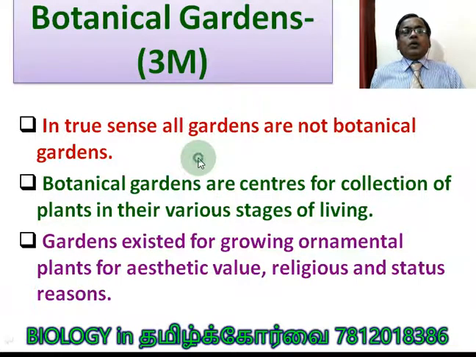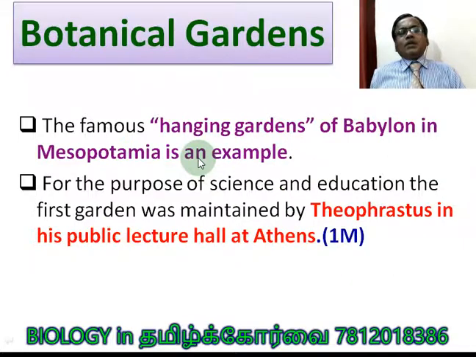So the famous Hanging Gardens of Babylon in Mesopotamia is an example. That is one of the gardens, but that is not a botanical garden. That may be a status garden. Only the king and his family can go and visit and observe the plants.